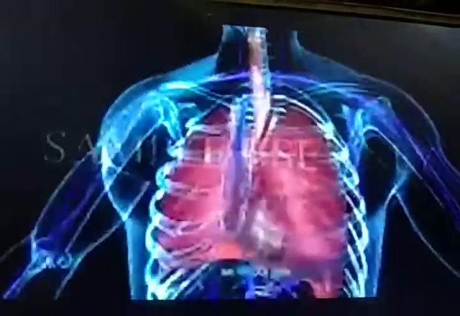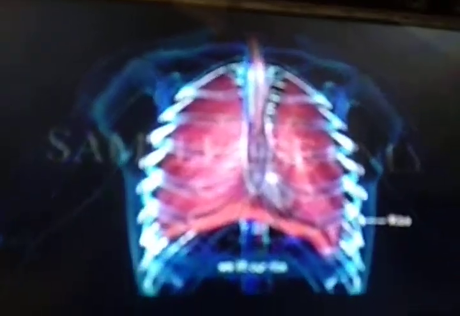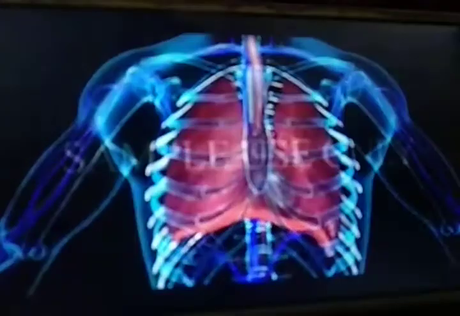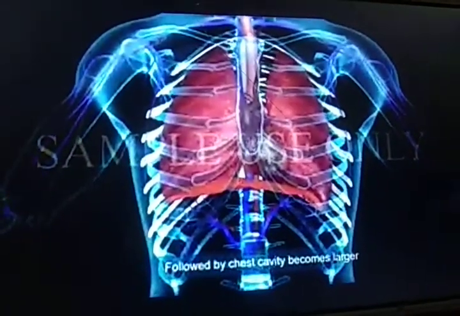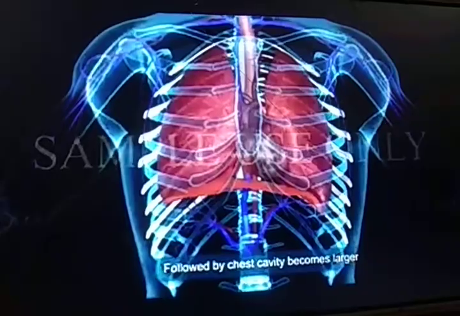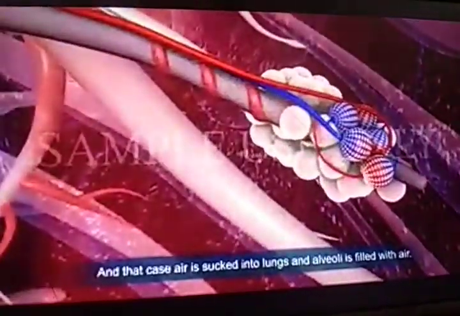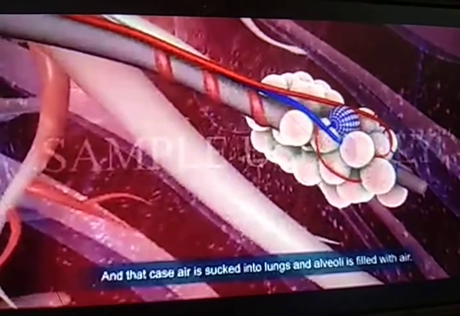See, when we breathe in, we lift up our ribs, then the diaphragm flattens, and the chest cavity becomes larger. In that case air is sucked into the lungs and the alveoli are filled with air.